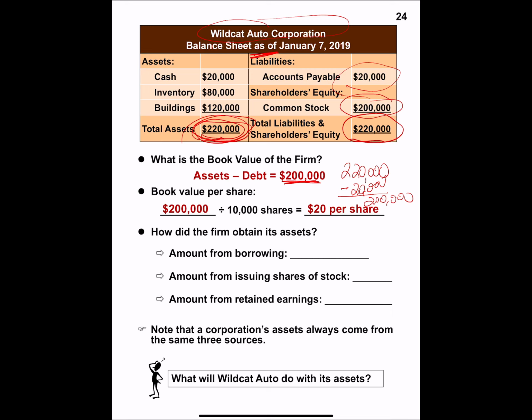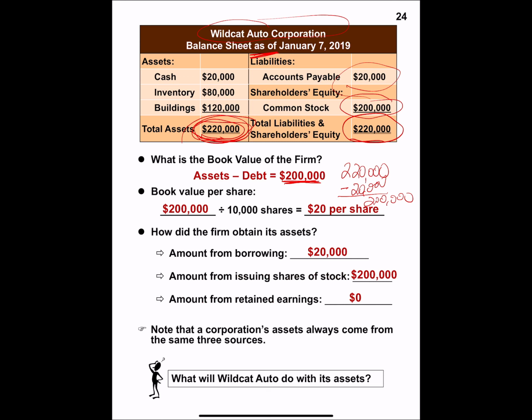Well, they borrowed. They have accounts payable of $20,000, borrowed by allowing the vendors to give them the cars in exchange for that IOU. And then from issuing shares of stock, another $200,000. And at this point, there's nothing in retained earnings.